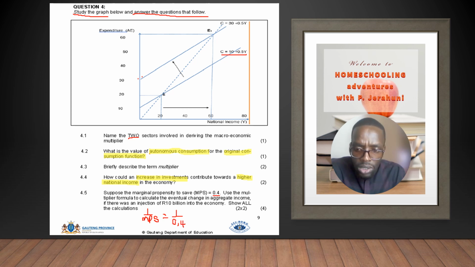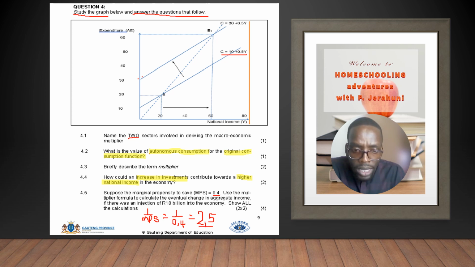And if you do that on your calculator, you are going to get your answer as 2.5. Okay, your answer is going to be 2.5 times. But the question here is asking us to use the multiplier formula to calculate the eventual change in aggregate income. So this is the value of our multiplier.